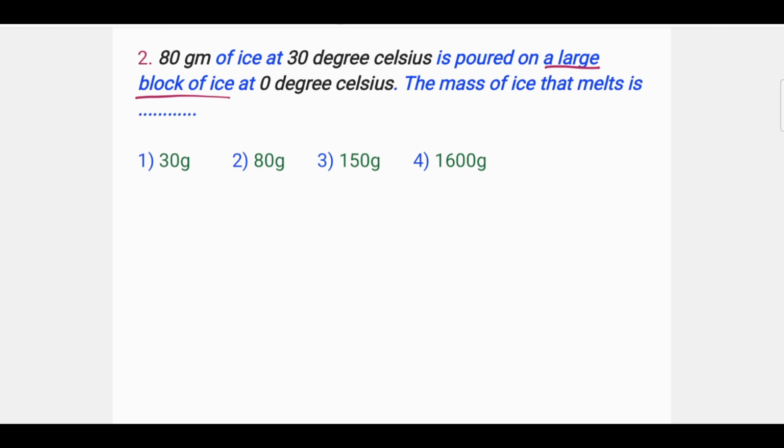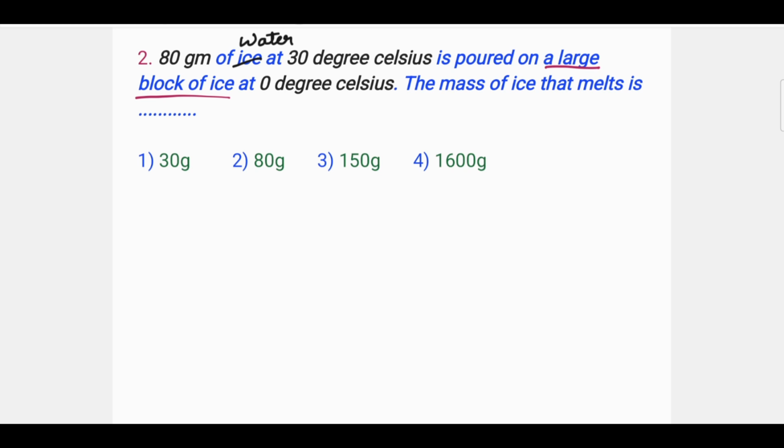So 80 gram of, actually not ice, it is water. 80 gram of water at 30 degrees Celsius is poured on a large block of ice at 0 degrees Celsius. Now, we know that when we pour water onto ice, heat will be transferred from water to ice.